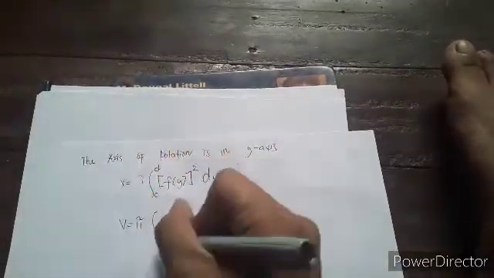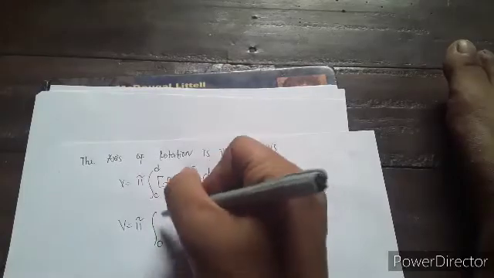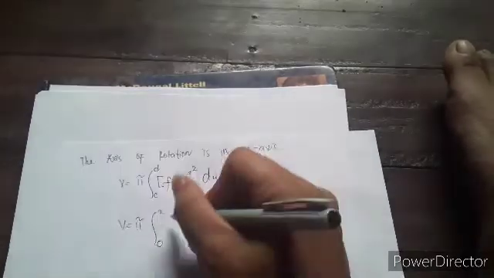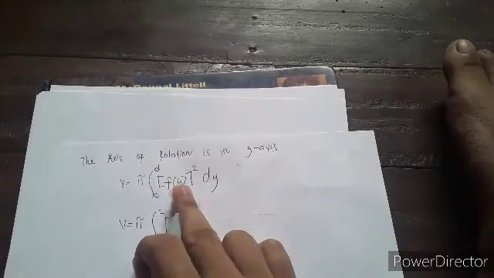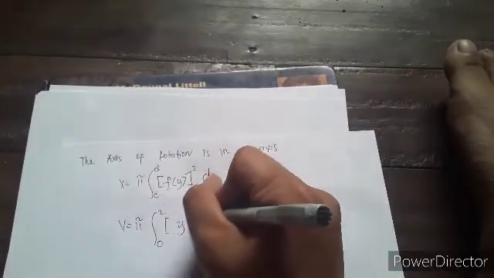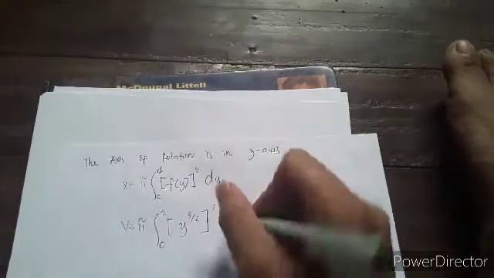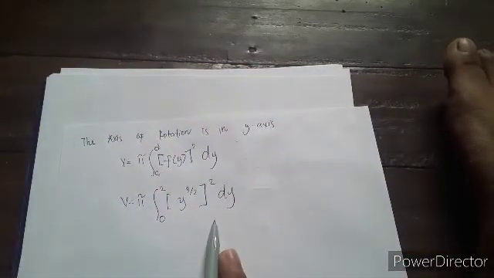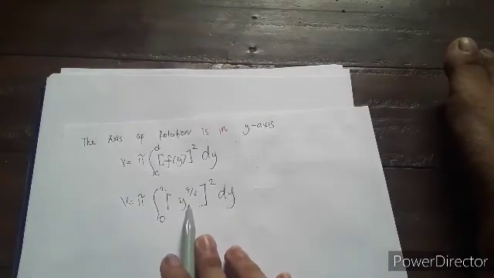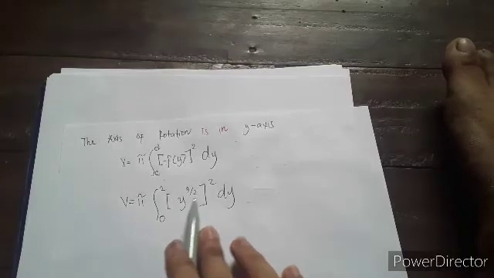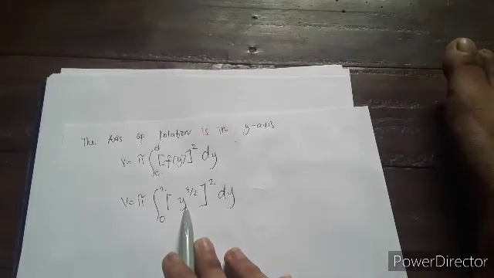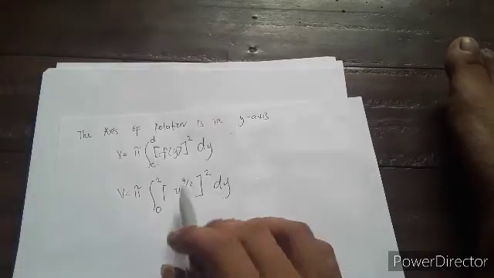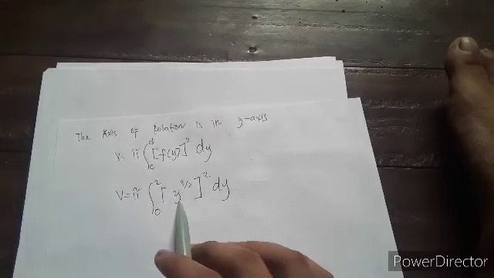So this becomes V equals pi times the integral with lower limit 0 and upper limit 2 of f of y, which is y to the 3 halves, raised to the second power with respect to y. It has two types of simplification. I prefer to convert this into a radical function.